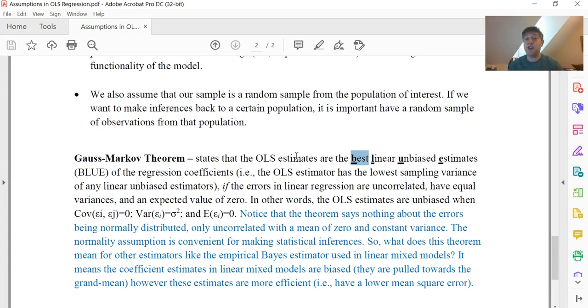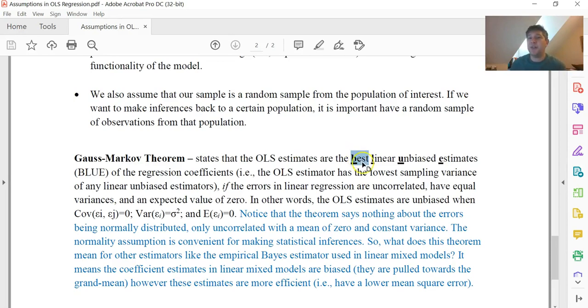It means that those coefficients are biased estimators, right? In this case, the empirical Bayes estimator is biased because it's pulled towards the grand mean. But the reason those are preferred in that situation is because they're a more efficient estimator. They have a lower mean squared error.